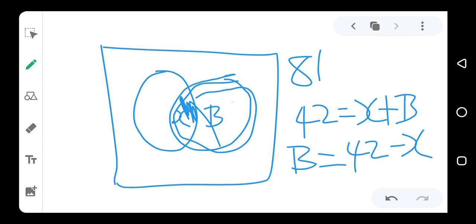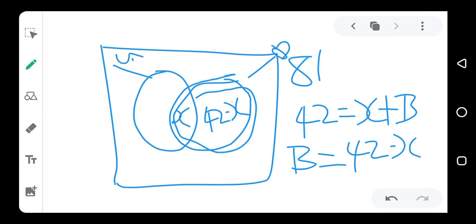So now we can put here this B. Now we write 42 minus X. This side of this set is for boys and this is for girls.